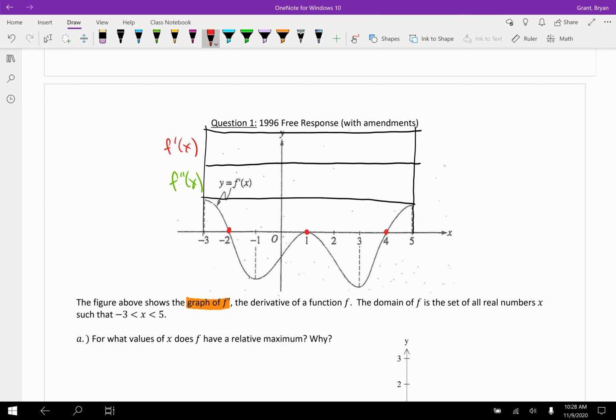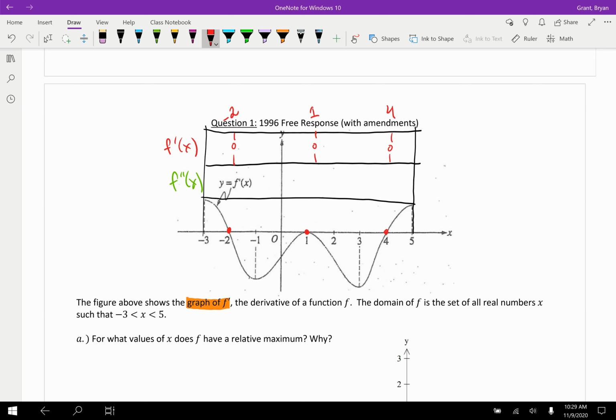So we need to find the x-intercepts of f prime, which are right here. I am going to put the labels, but you could also just use this as your labels down below. So this is going to be -2, this is 1, and this is 4. We found the critical points, great.